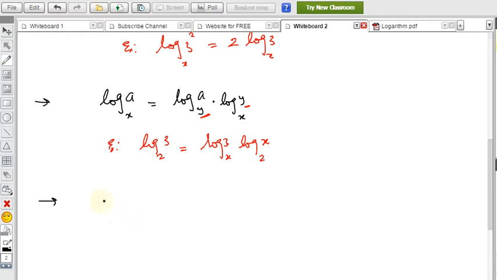In terms of division, log y to the base x, then log a to the base x, or we can take log y. So the same base we can write. One second.